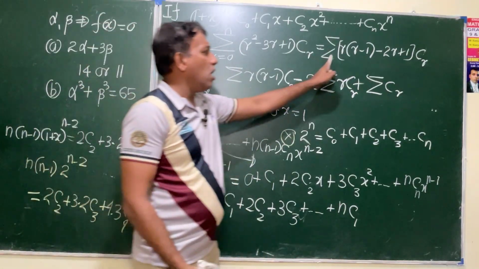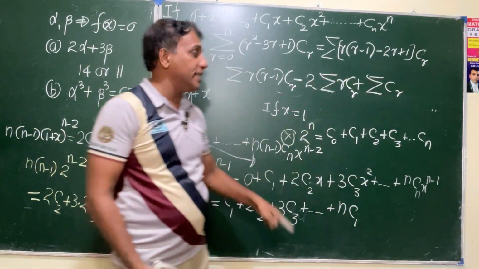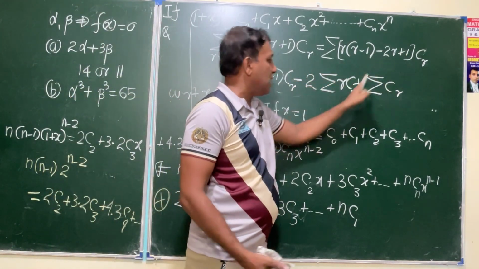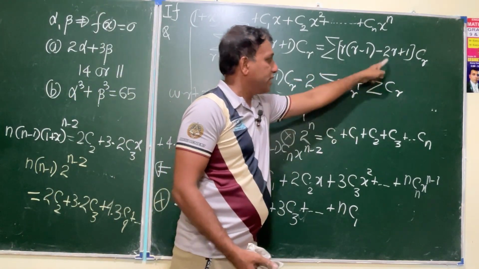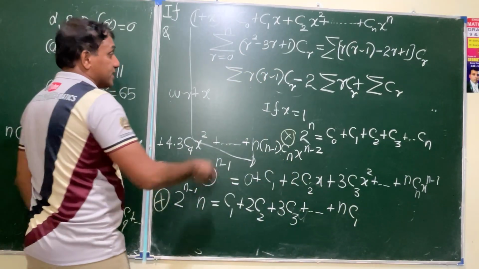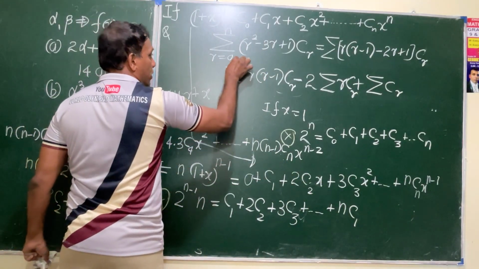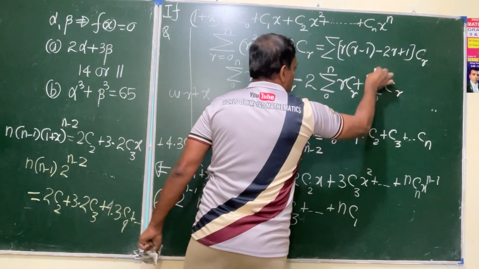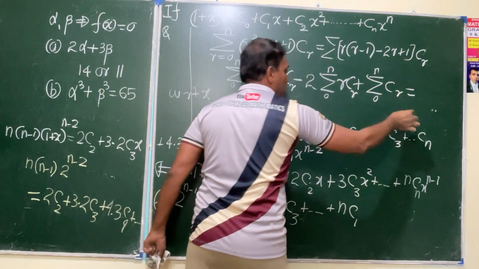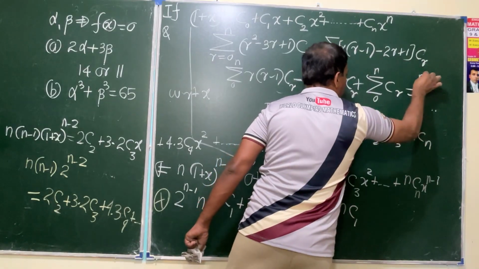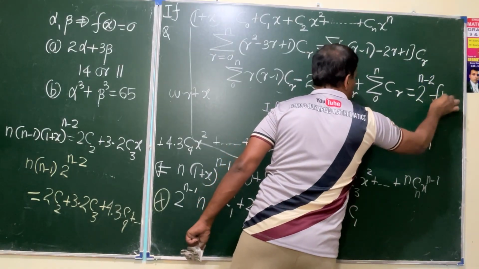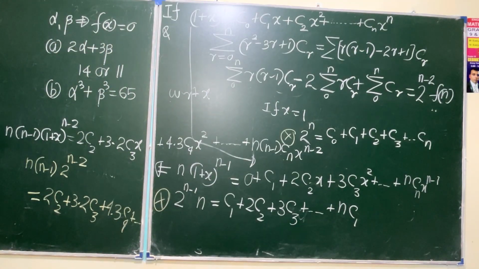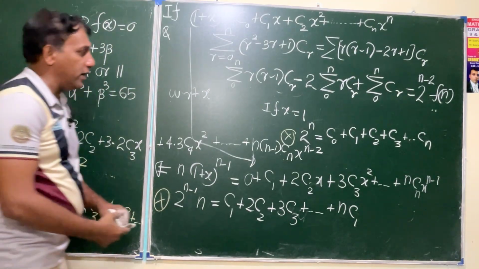Check that: r into r minus 1 Cr, minus 2r Cr, finally 1 times Cr. Boundaries 0 to n, right? So that is completely equal to what? 2 to the power n minus 2 f(n), right? It's completely equal to 2 to the power n minus 2 f of n, right?